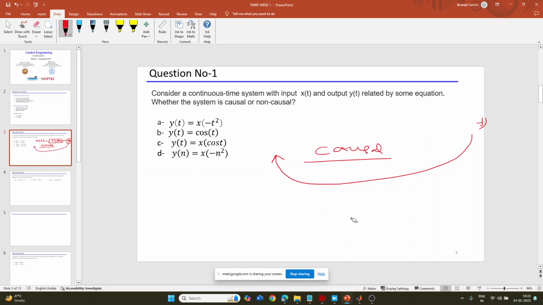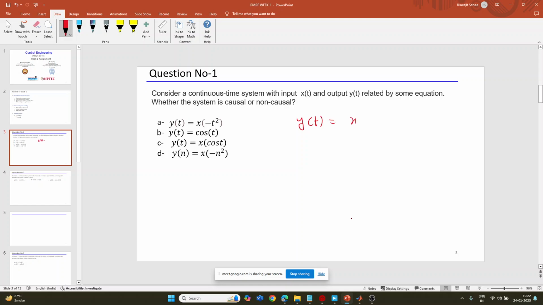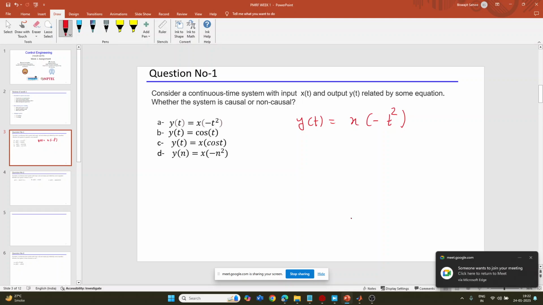Let me go to the first question. The first question is y of t equal to x of minus t square. Can anybody tell me whether the system is causal or non-causal? To do that, you have to define some instant of time, let's say t equal to 1.